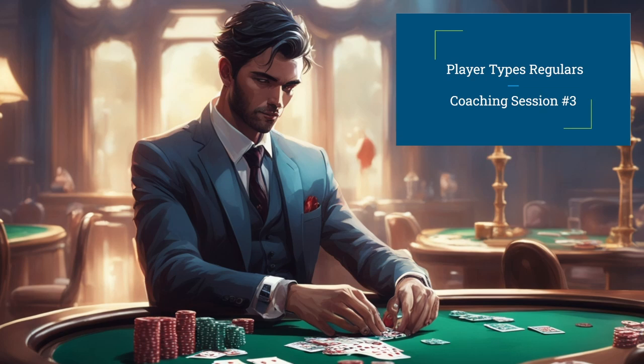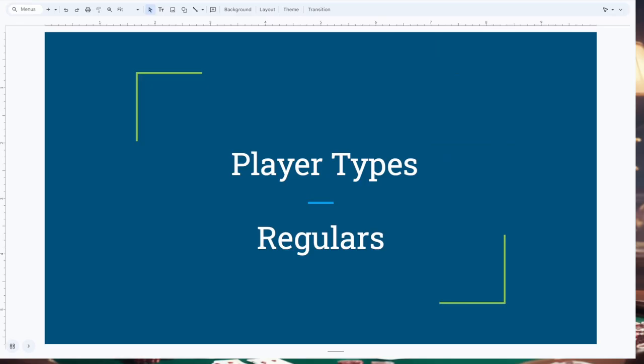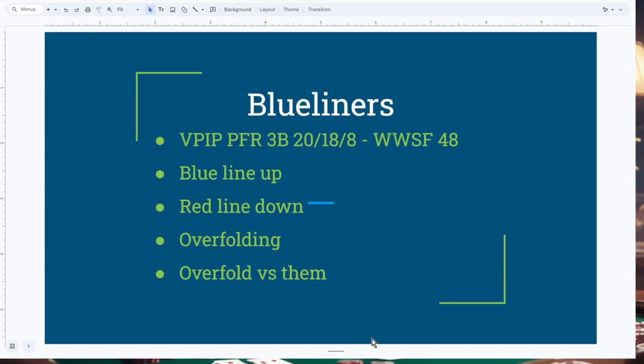So, to kick things off, we're going to look at the two main profiles I have for regulars in the lower stakes. The main distinction will be between blue liners and red liners. Blue liners will usually have stats similar to this on the screen.